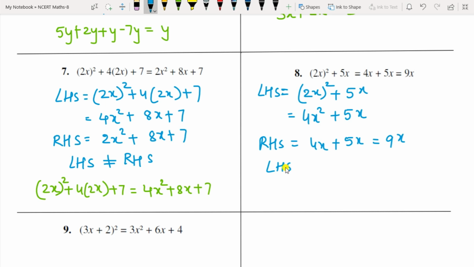So LHS is not equal to RHS. It should be 4x square and these are not like terms. So you cannot add this. You cannot get 9x here. Okay. So the LHS should be 2x square. The correct statement should be 2x square plus 5x should be equal to 4x square plus 5x. That's it.